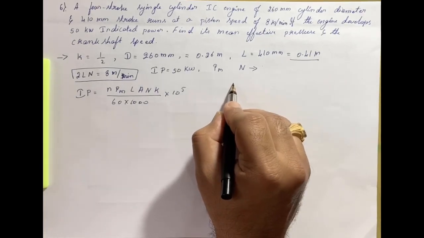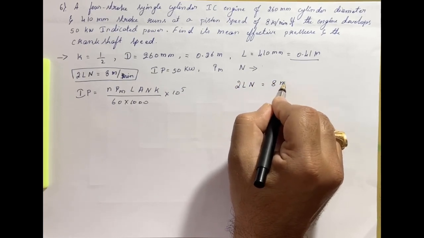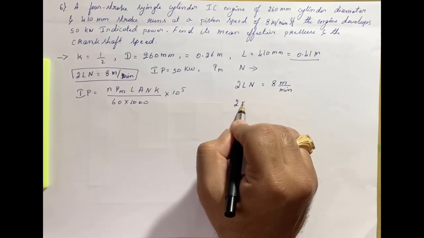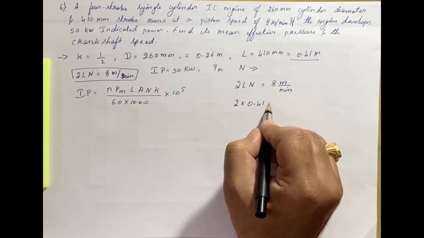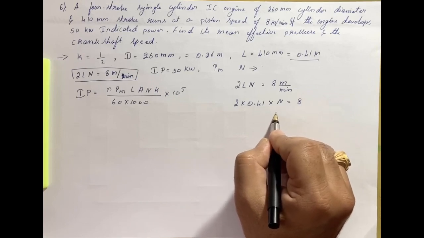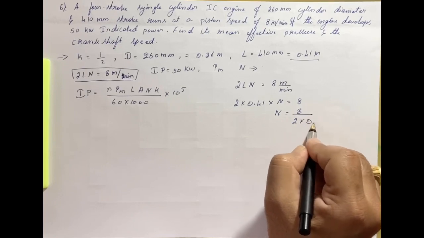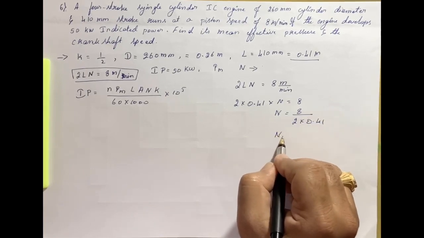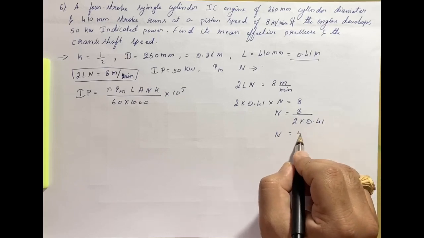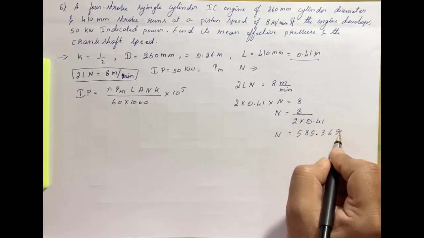So I substitute 2 into 0.41 into N is equal to 8. So N is equal to 8 divided by 2 into 0.41, and I get N is equal to 585.36 RPM.